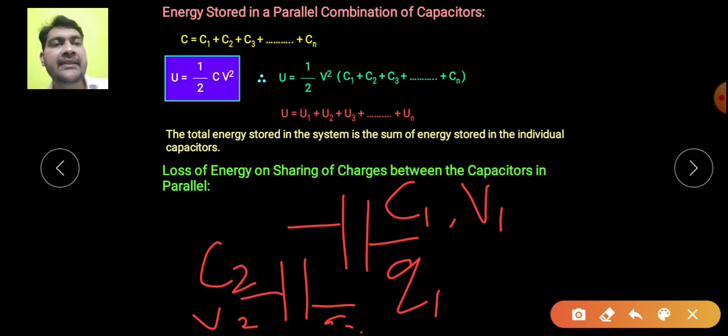If we connect these two capacitors in parallel, then because of potential difference between the plates, charge distribution takes place, because the potential difference always causes the charge to flow. The charge flows between the plates of two capacitors until both capacitors obtain equal potential. That equal potential which is obtained by both capacitors after combining will be known as common potential.